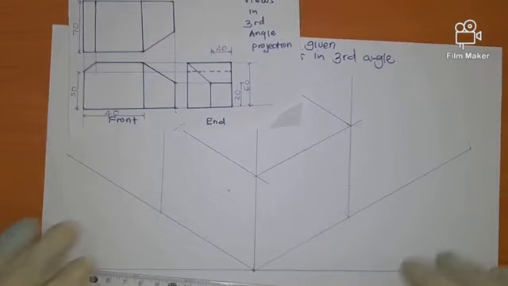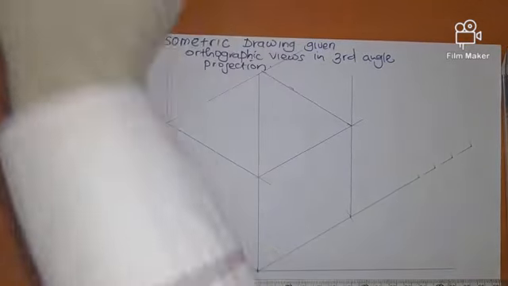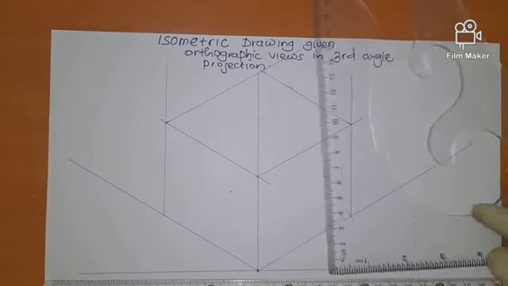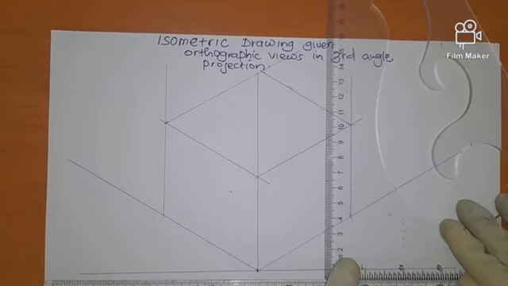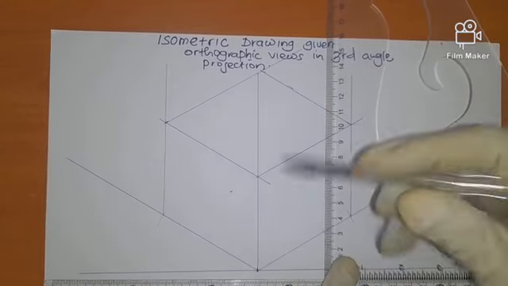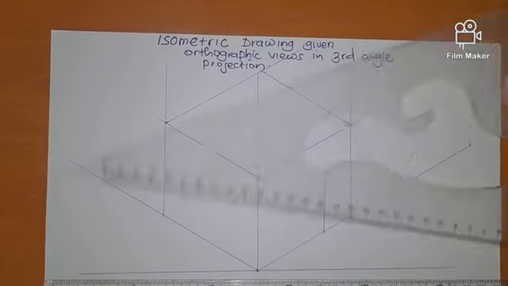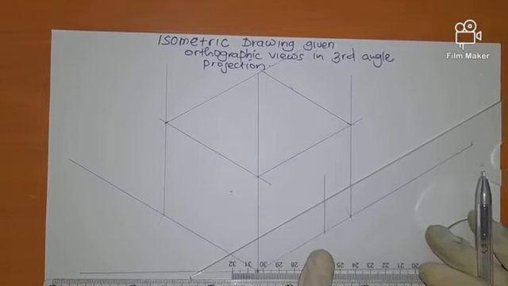So with your verticals, you can have your 20 drawn here. You draw your 20, and then again with your set square, you can draw this other 20.